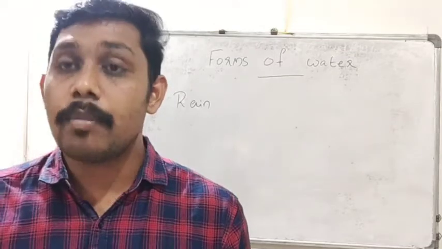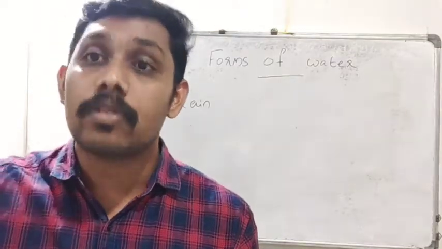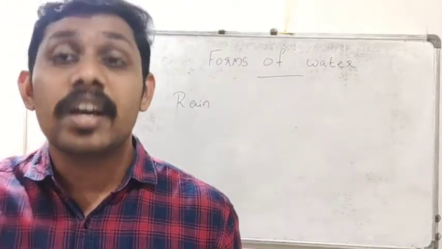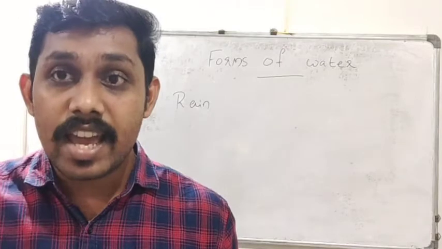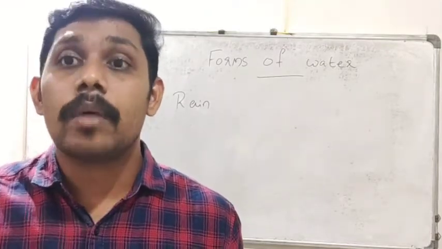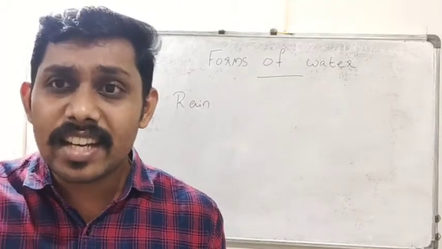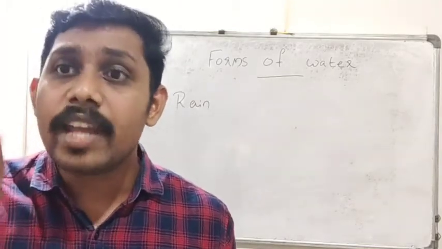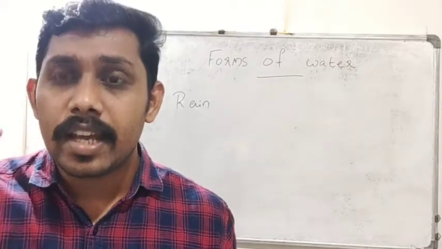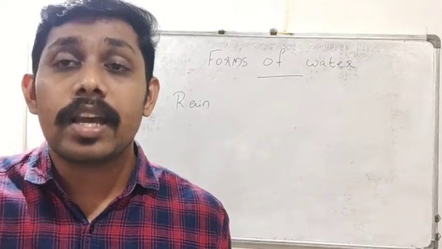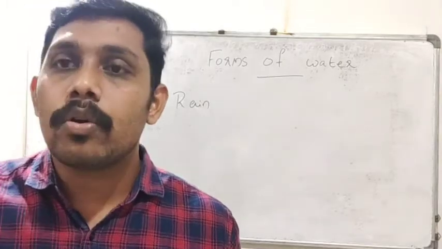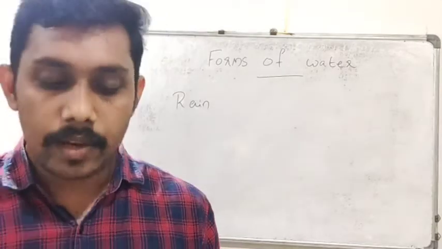So water from the ocean, rivers, seas and lakes evaporates due to the heat from the sun, condenses to tiny droplets, forms clouds, becomes larger and heavy, and then falls to the earth.